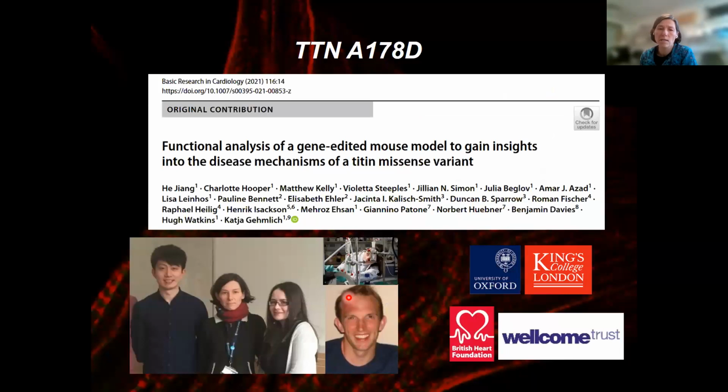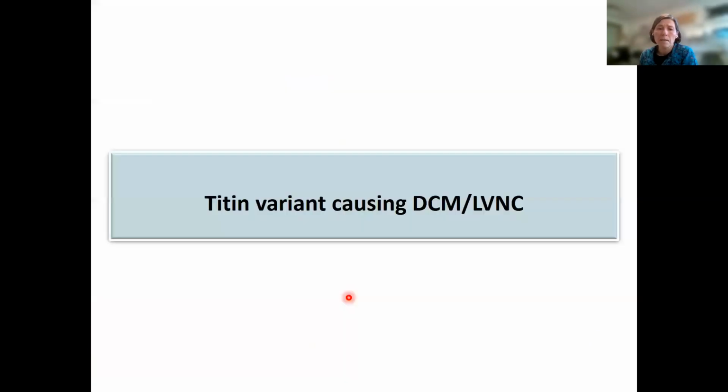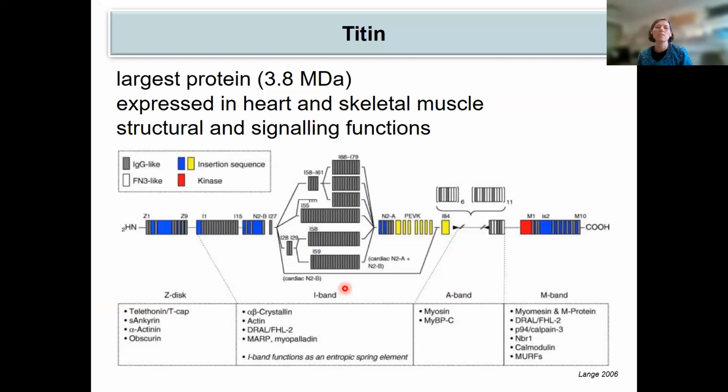So, the first project, as I said, is about a titin missense variant. And it caused a particular phenotype, which I'm going to explain in a couple of minutes. But maybe to give a bit of a recap or introduction to titin. So titin is a bit of a beast of a protein.